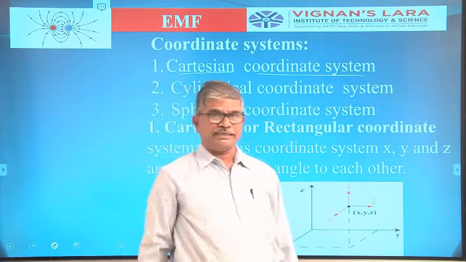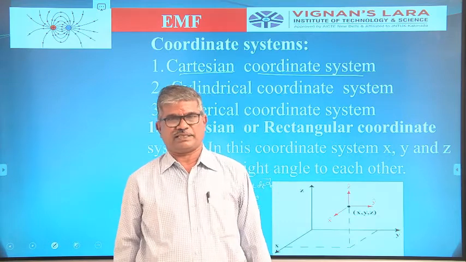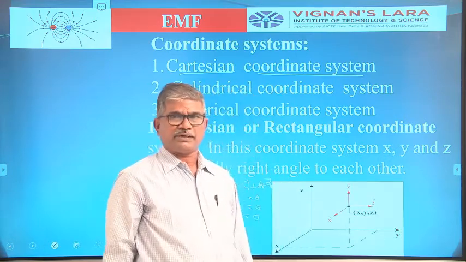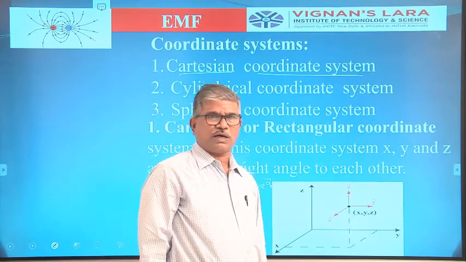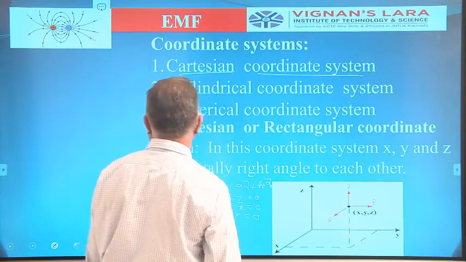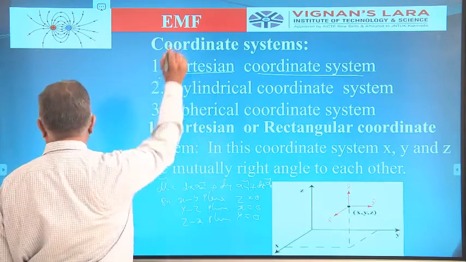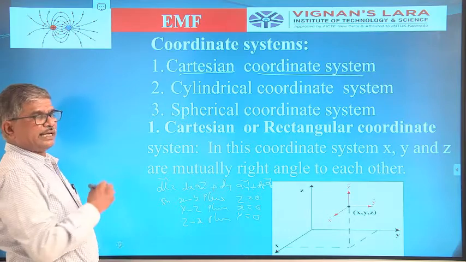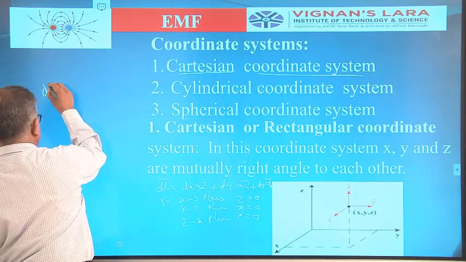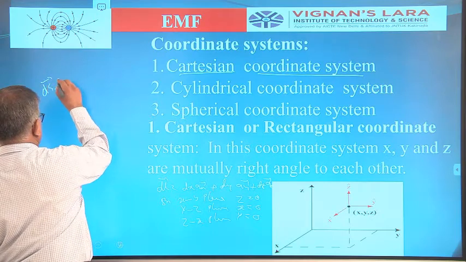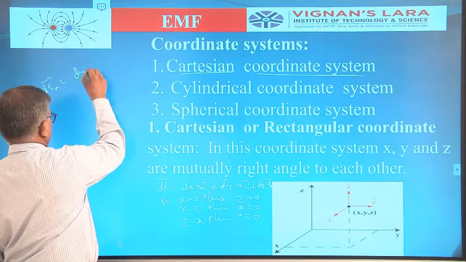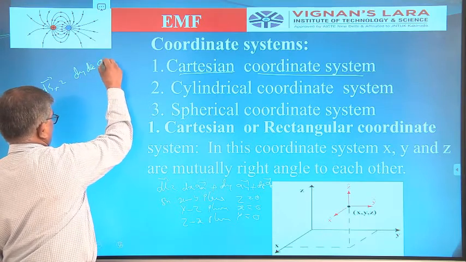Now we define the differential surfaces. We have to discuss the differential surfaces normal to the x-axis, normal to the y-axis and normal to the z-axis. Here the differential surface normal to the x-axis, dsx, a vector quantity, equals dy dz ax bar.